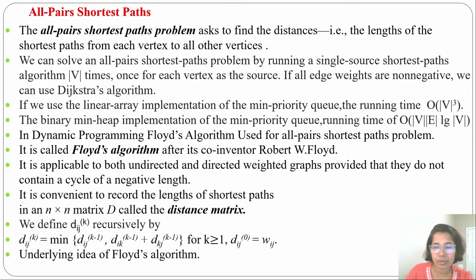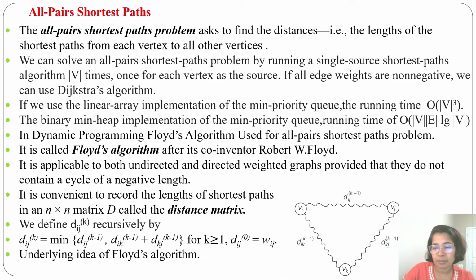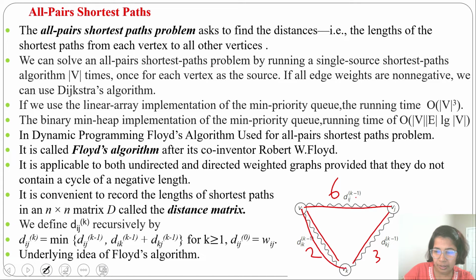So the idea of Floyd's algorithm is that whichever path is shortest, either D_ij k minus 1 or I to k and k to j, that will be considered as the path. Suppose this is 6 and this is 2 plus 3, 5, then we'll consider this path, whichever is shortest.